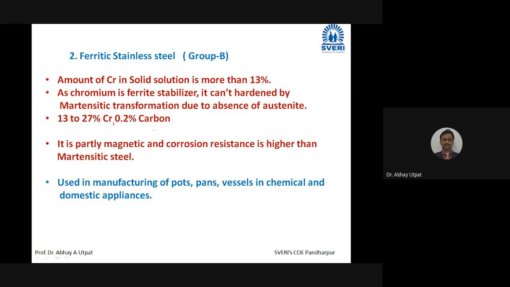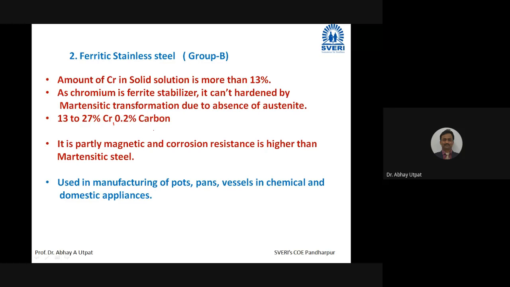And if you see the applications, these are applications you find in your day-to-day life: your pots, pans, maybe domestic applications, kitchen utensils. I hope you are getting my point. Vessels in the chemical industry and domestic appliances. So they have sufficient strength due to solid solution strengthening, that is, chromium acts as a solid solution strengthener.